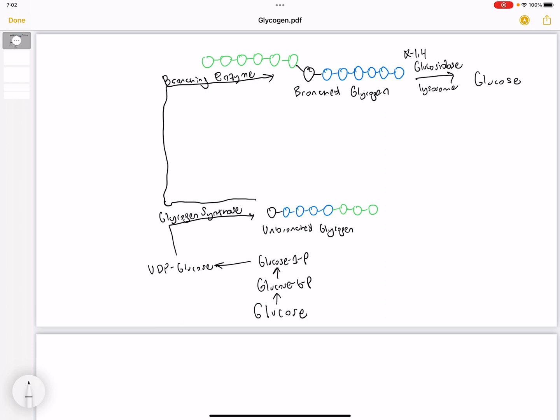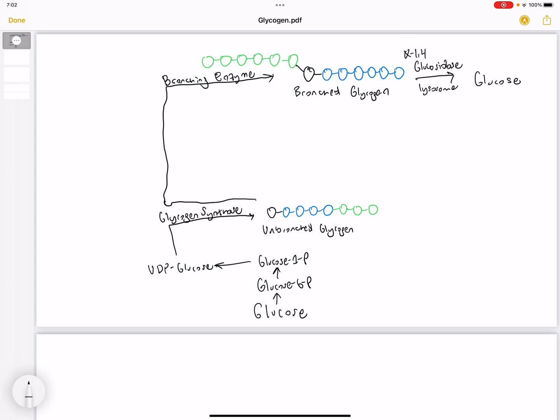As you may recall, lysosomes are cellular components that house debris to break down, and sometimes glycogen can be found inside lysosomes. And it is important that lysosomes express alpha 1,4 glucosidase so that they can convert glycogen into glucose.